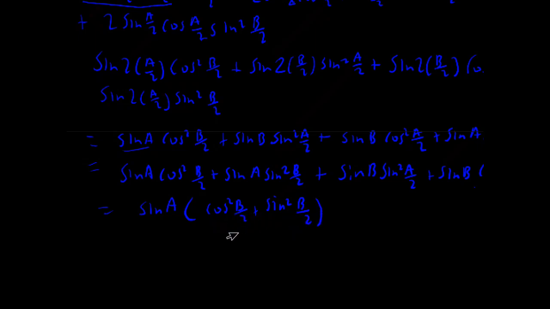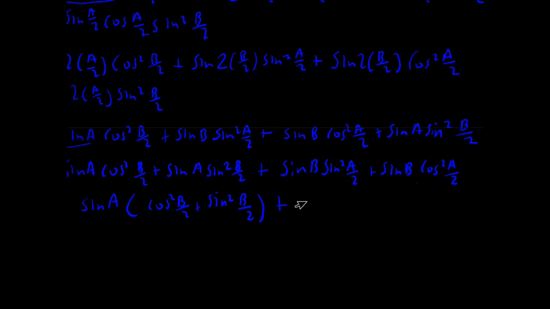Notice, sine squared plus cos squared is 1, or cos squared plus sine squared, forgive my handwriting there, is also equal to 1. This is cos squared theta plus sine squared theta, where I just take B over 2 as theta. So this is going to be 1. The same thing will happen here, so we have to show all the steps.